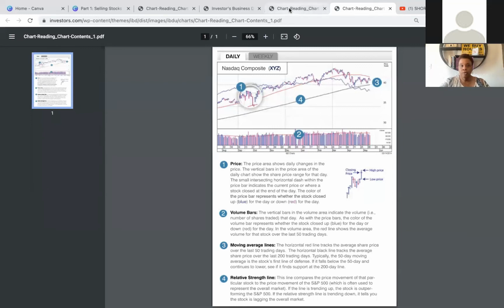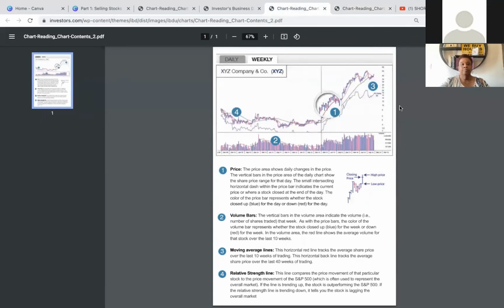And then I want to show you the weekly, which is very similar. The only thing is that number one again shows the price of the stock. If you look over here to the right, on this day, down here is the lowest price that the stock fell.